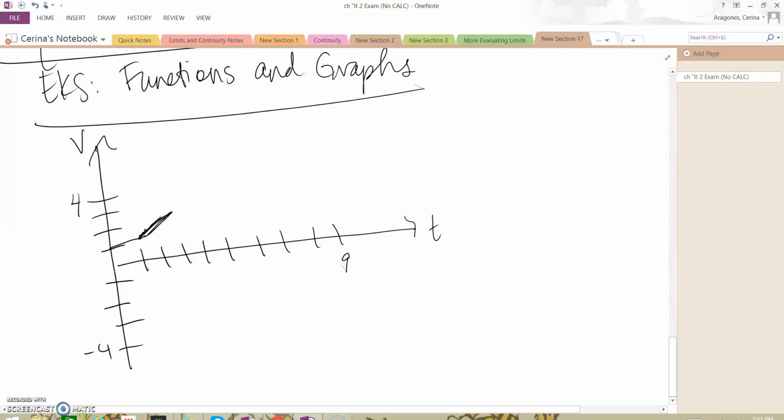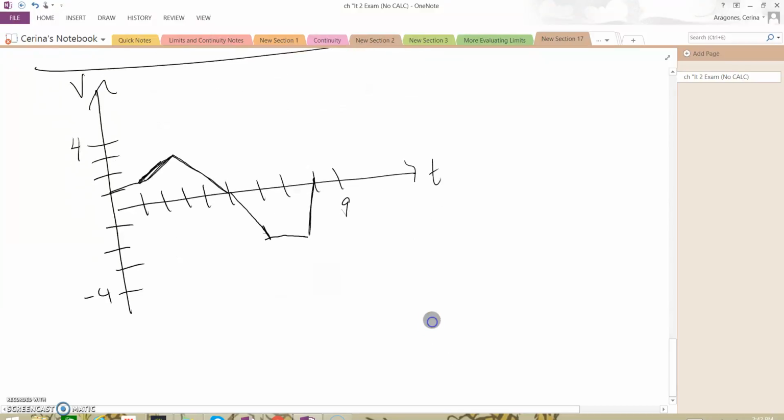And then you slowed down all the way here to 5. And then you kept going till you were at 6, negative 2. And then you were constant speed for a while. And then you just increased in speed, and then you stopped at 8. Okay? So this is what your velocity graph looked like.